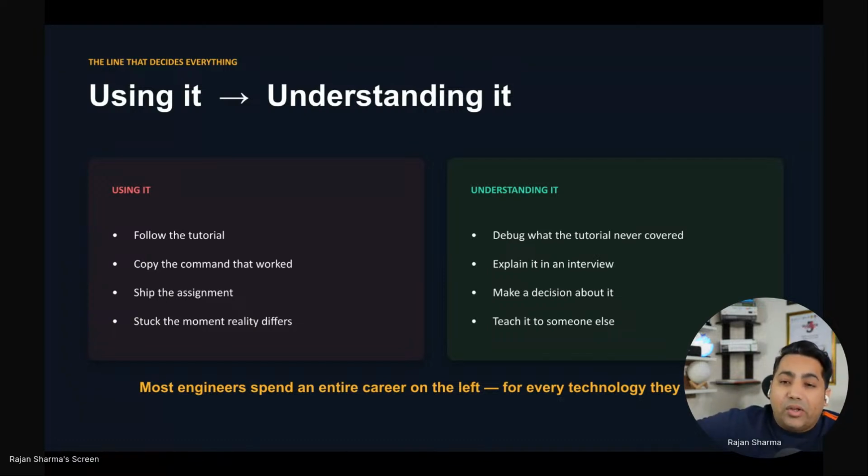It means you can debug it when it breaks, and you really don't depend on a tutorial to help you out in such depth. You can explain it in an interview. You can teach or explain that technology to anyone else. If you can do it, that's called understanding.